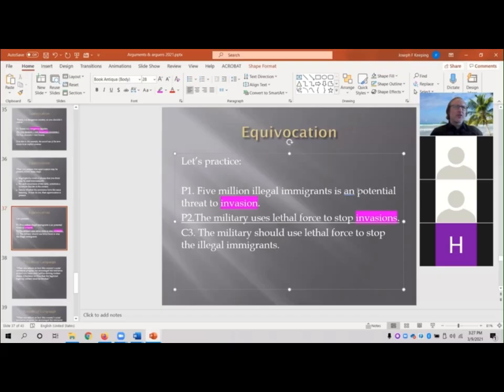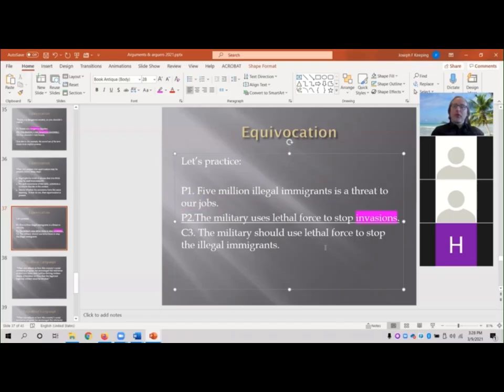Usually their motivation is either conscious or unconscious racism, but what they normally say they're concerned about is jobs, you know, the whole thing, like they're going to take away our jobs. So we could say 5 million illegal immigrants is a, actually I'm happy to get rid of the word potential, is a threat to our jobs.